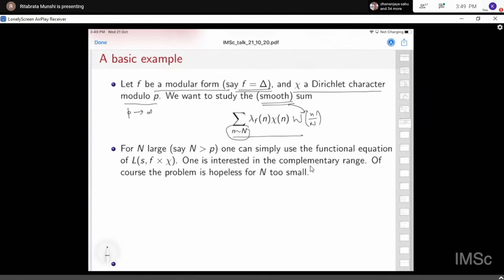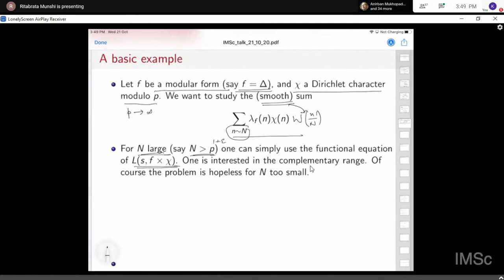Anyway, if you have a smooth weight, the nice thing is that if N is large, for example slightly larger than P, so probably N to be P to the power 1 plus epsilon, say, then if you just use the functional equation of this GL2 L-function, L(s, f) twisted by chi, you already have a non-trivial bound. So you can show that it's bounded by N to the power 1 minus delta, where delta will depend upon epsilon. The bigger the N you pick, the better the bound that you get.